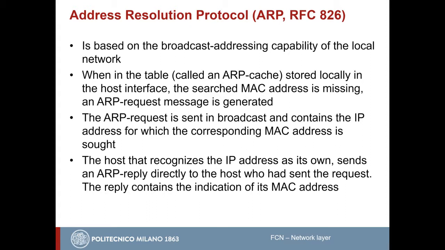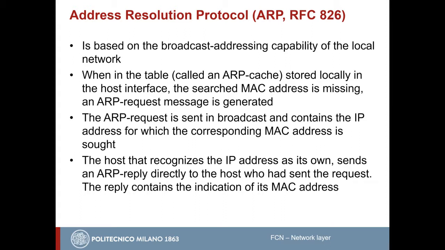Each layer 2 station has its own IP address. In the message, we have the IP address for which we are looking for the MAC. So all the stations that receive this ARP message start comparing the IP address which is contained in the message with their own IP addresses. And if a host recognizes that the address is its own, then it will send an ARP reply.